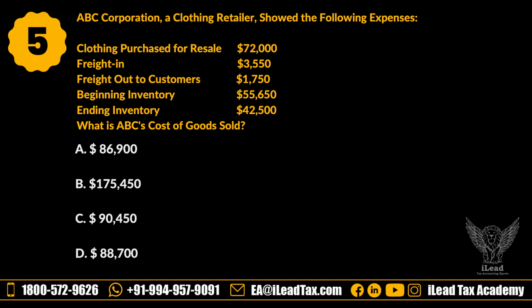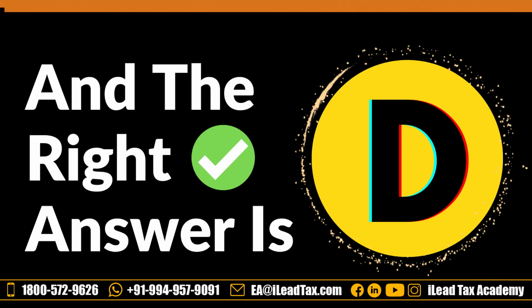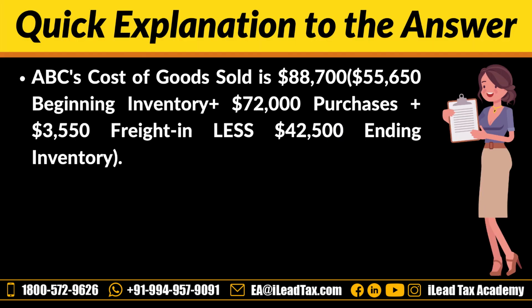Let's see what is the answer. The answer is D, 88,700. The answer is beginning inventory plus purchases plus freight minus ending inventory.